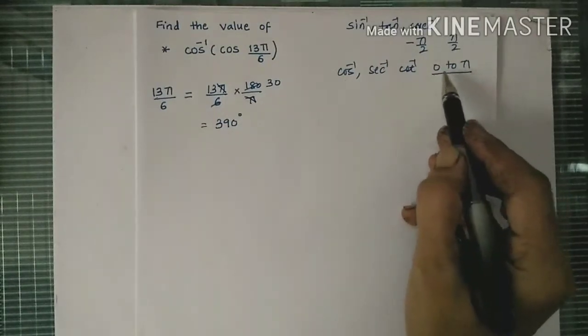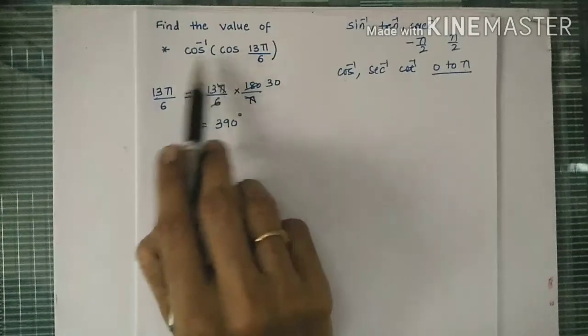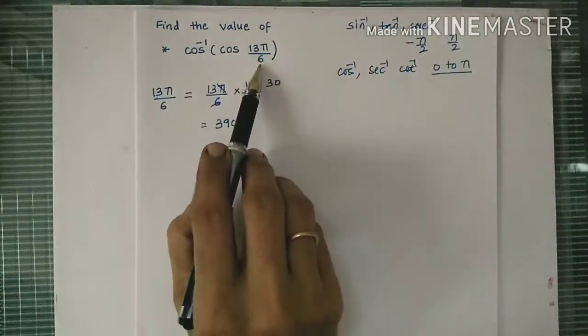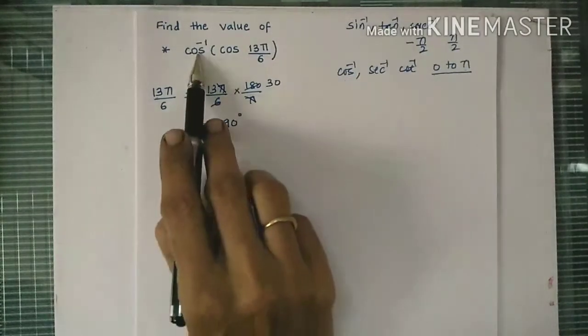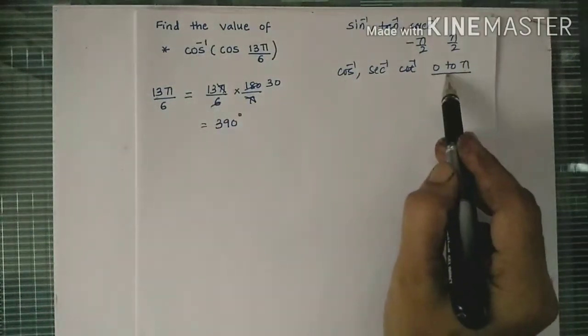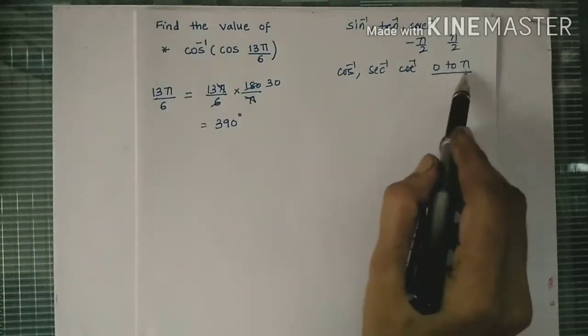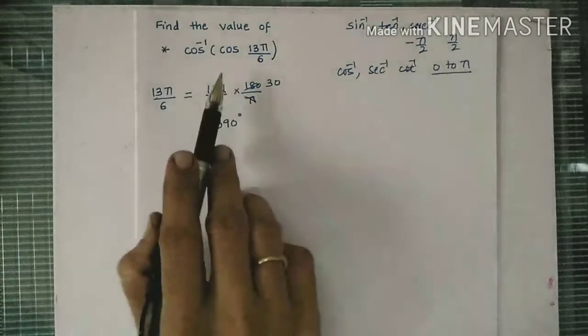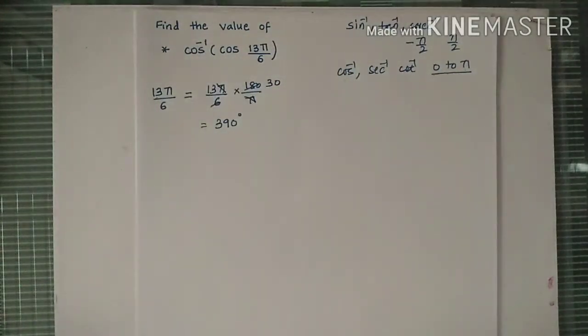It is greater than 180. So if you think cos inverse and cos cancel each other and the answer is 13 pi by 6, then that is not correct because cos inverse lies between 0 to pi. So we have to find the value which lies between 0 to pi, and which is the same as cos of 13 pi by 6.